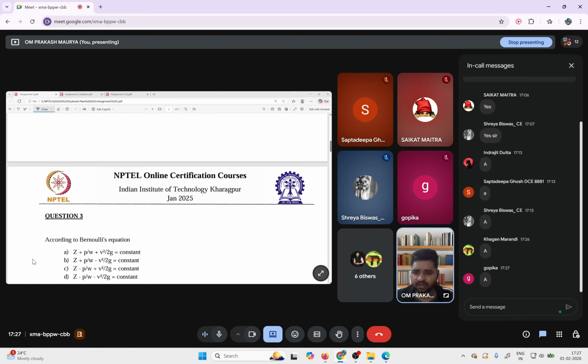Here the question has a big mistake. There is no definition of what P is and what W is, whether it is unit weight or weight. So this is the big mistake. But no issue, maybe sir taught you using these notations, so maybe without any description of Z, P, rho.